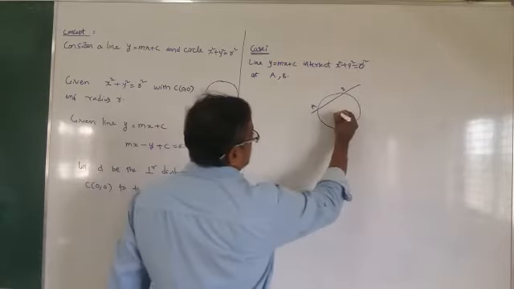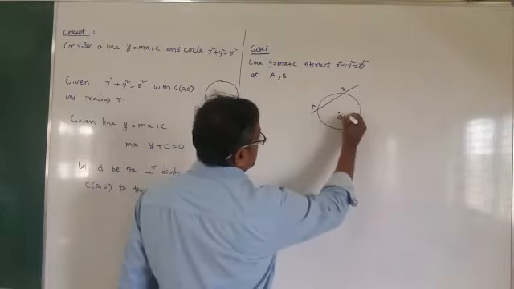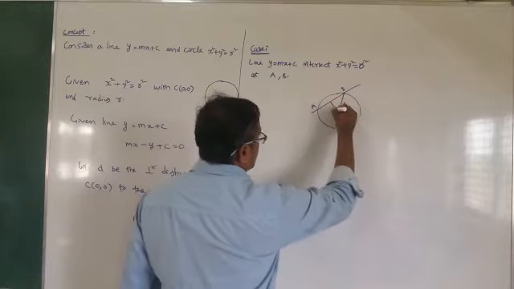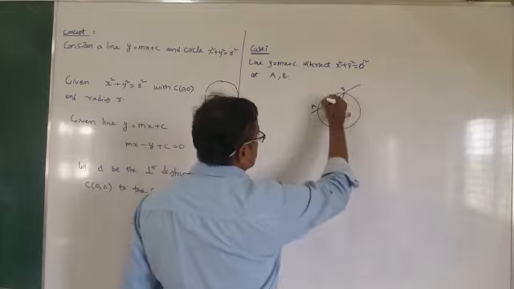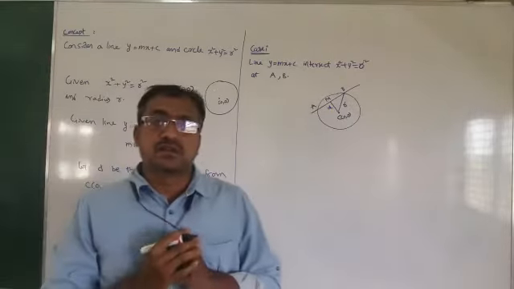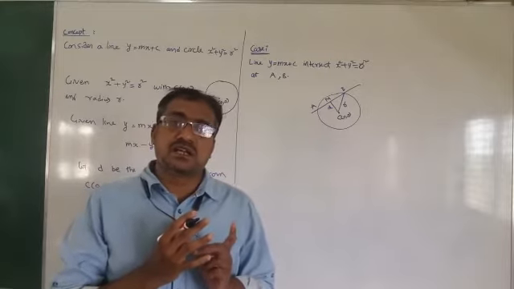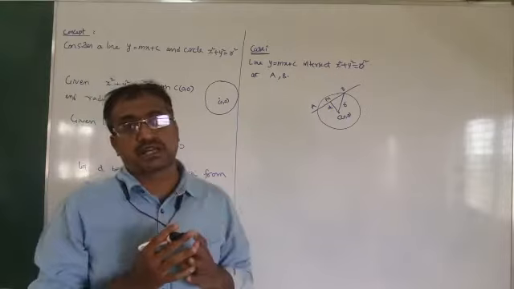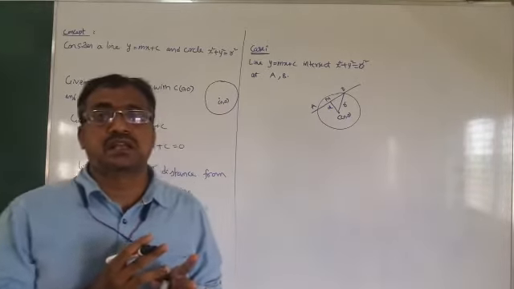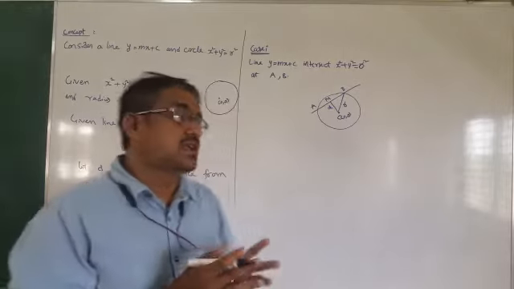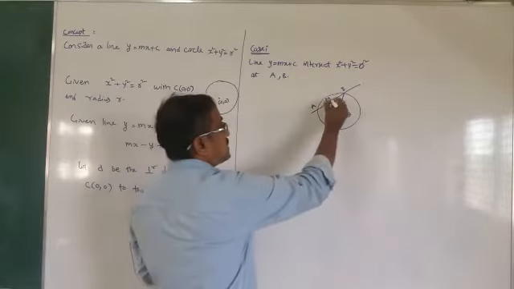Now C is its center and R is its radius and D is the perpendicular distance from center to the line. Capital M is the foot of perpendicular drawn from center to the line.